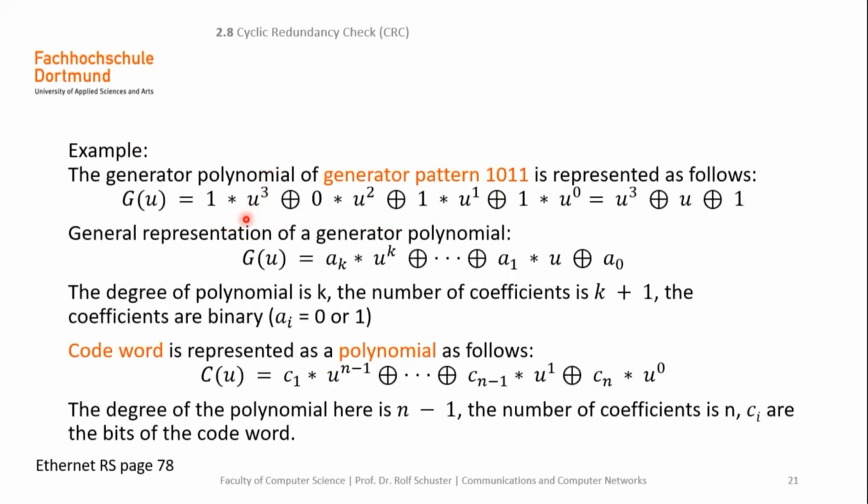Then here we could see an example of a generator pattern, that is the typical divisor that we need to use to calculate the remainder of the division. For instance, if the generator pattern is this one, then this is the polynomial representation of this pattern.